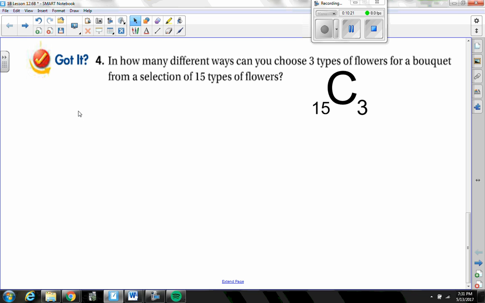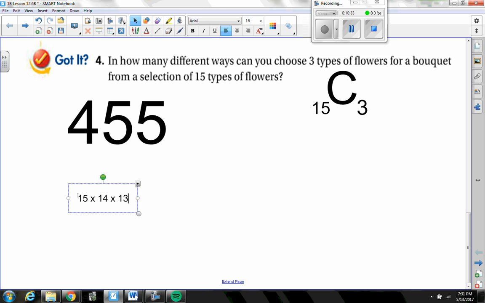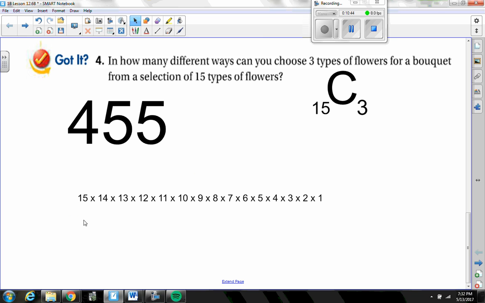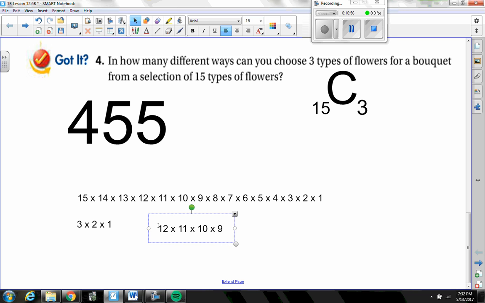The correct answer here is 455 different selections. Now that obviously comes from, we know, 15 times 14 times 13 times 12 times 11 times 10 times 9 times 8 times 7 times 6 times 5 times 4 times 3 times 2 times 1 being divided by 3 times 2 times 1 multiplied by 15 minus 3 is 12, so 12 times 11 times 10 times 9 times 8 times 7 times 6 times 5 times 4 times 3 times 2 times 1.